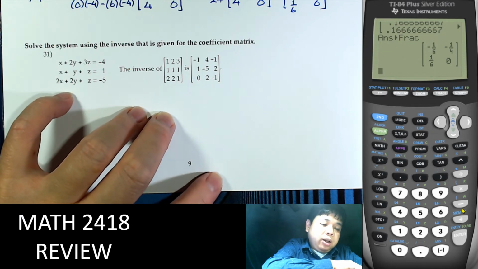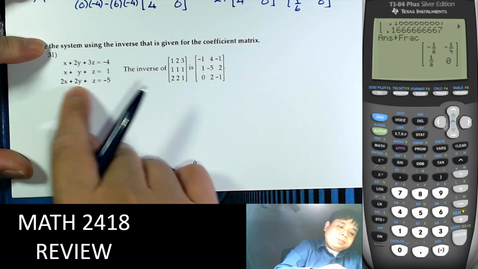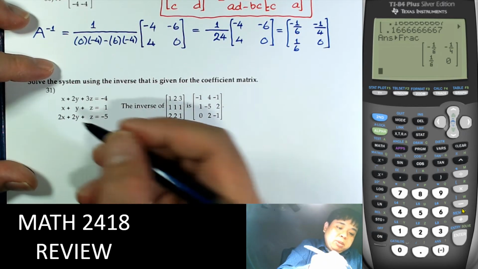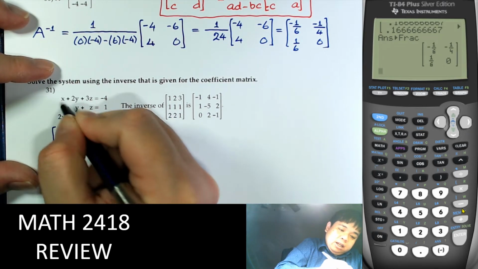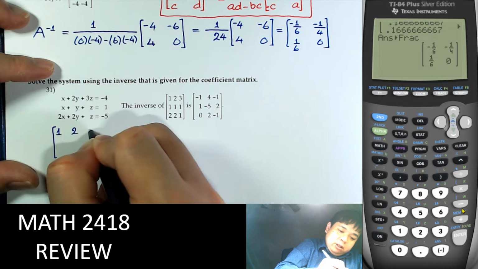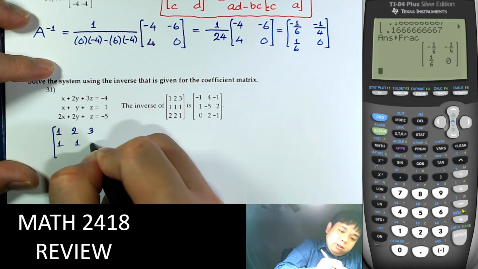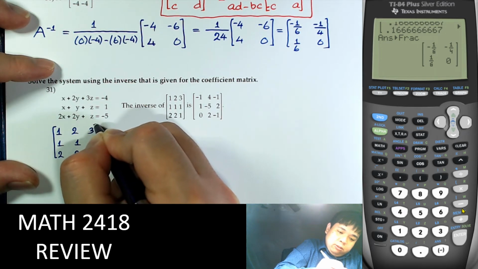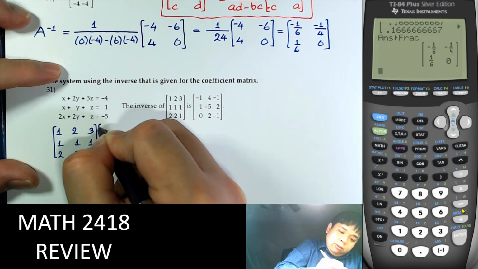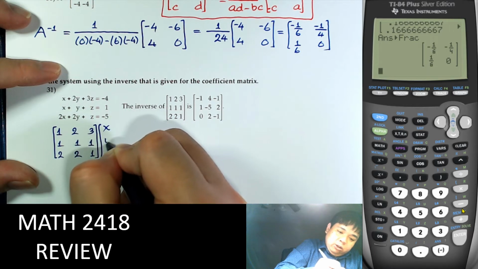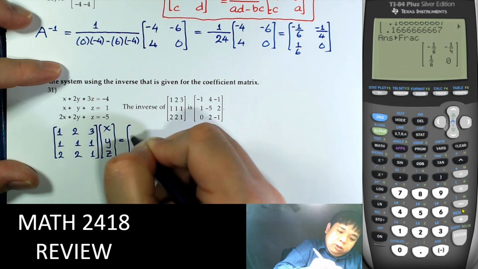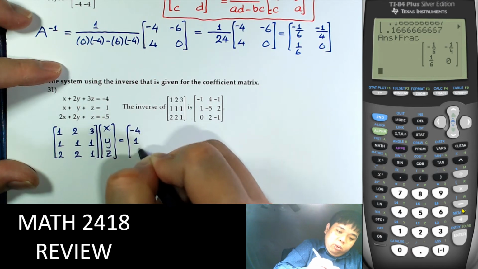If we rewrite this as the matrix equation, it will be in the form of Ax = B, where A is this coefficient matrix, and the variable x, y, z equal to -4, 1, and -5.